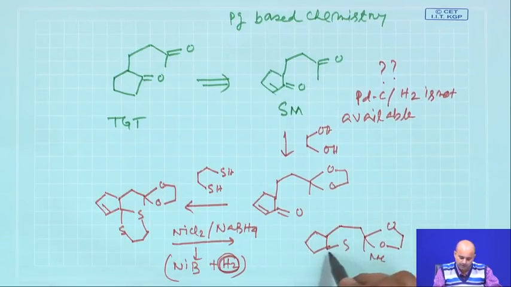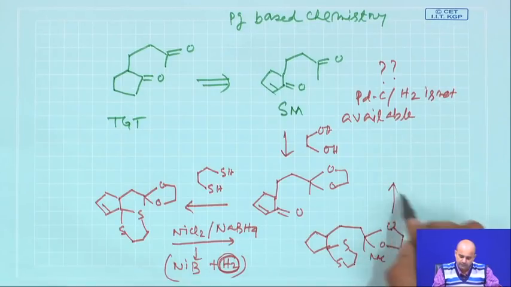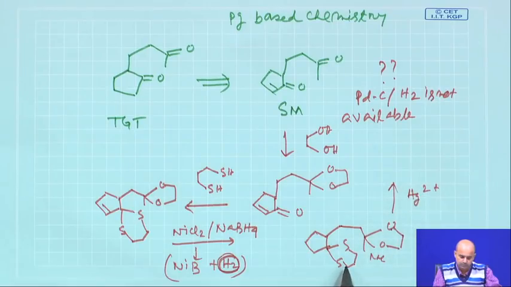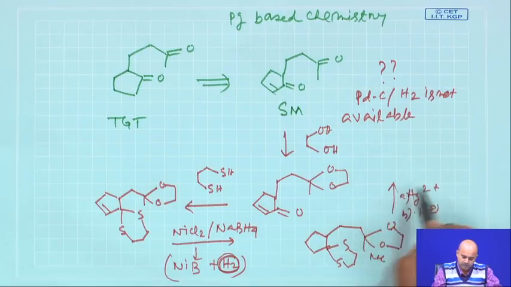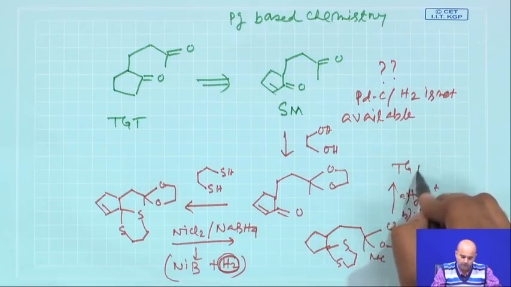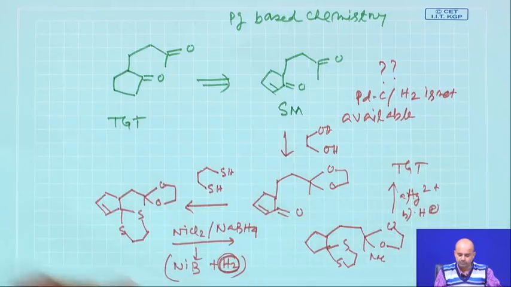So, your dithiol part remains similar. Next, you remove this cyclic ketal as well as the cyclic 1,3-dithiol. You first treat with mercury, mercury will remove this one, and then you remove the cyclic ketal by acid treatment to get this target molecule which was shown here.